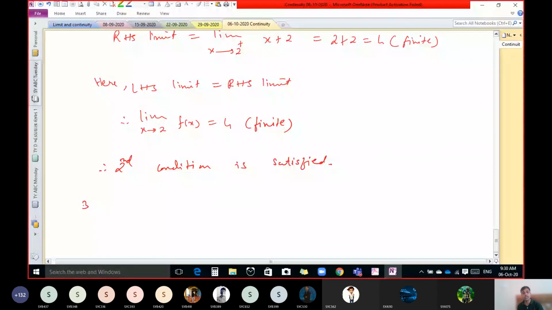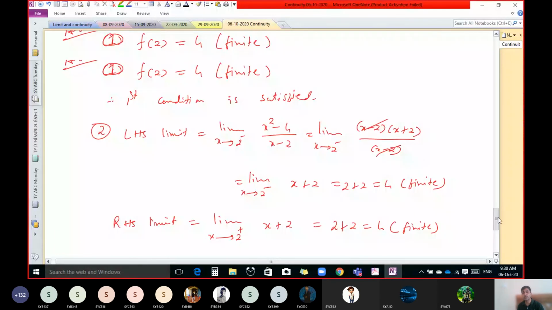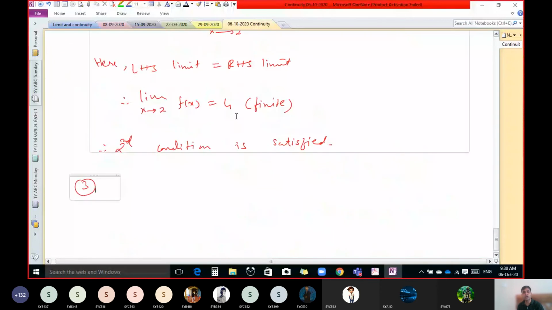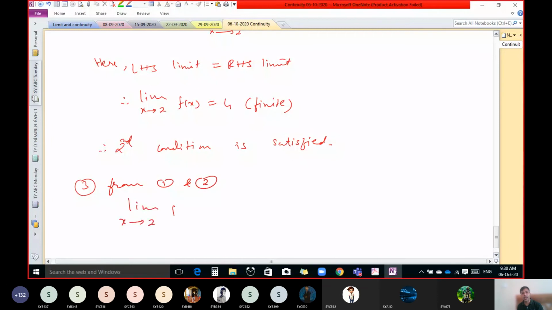Now the third condition. What do we have to do in the third condition? We have to check the answers of first and second. The answer of first is 4, and here the value of the limit is also 4. So we can say that from 1 and 2, limit x tends to 2, f of x and f of 2 both are equal and their value is 4.